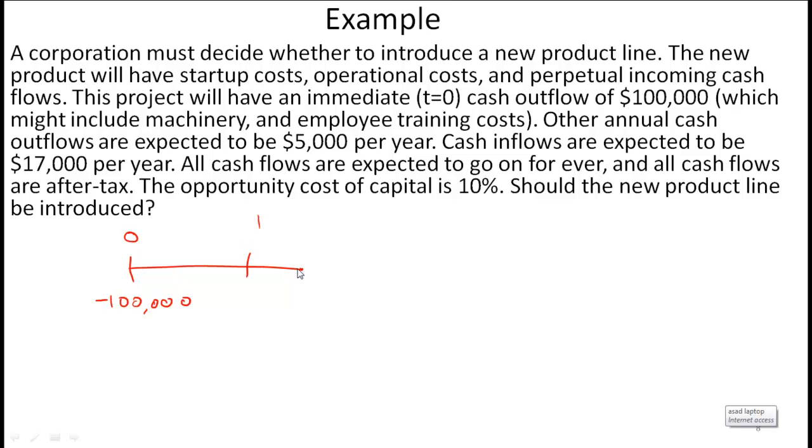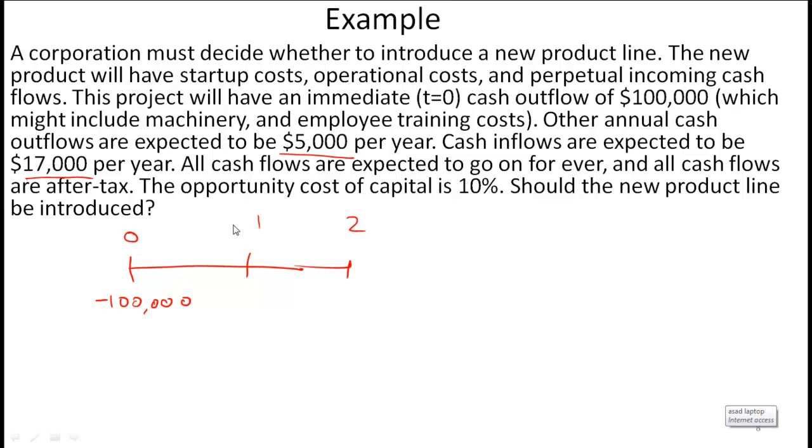After that, year 1, year 2, you are going to have outflows of 5,000 per year and cash inflows of 17,000. So the net effect is we are going to have a cash inflow of 12,000 forever. So notice that this is a perpetuity.